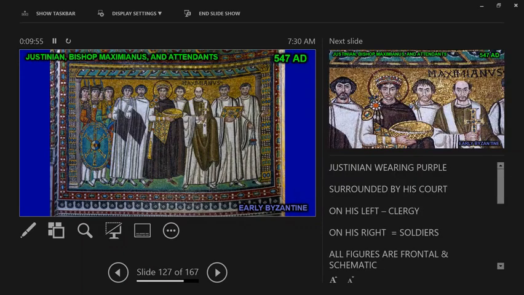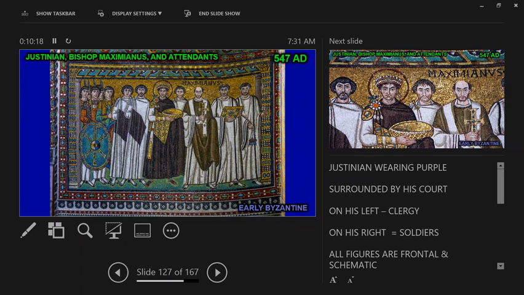So if you look a little bit closer at the portrait of Justinian, he is in the center. He is wearing purple. Remember that purple is the color of royalty. Purple is a very expensive dye to make, and so, therefore, purple clothes are expensive to come by.